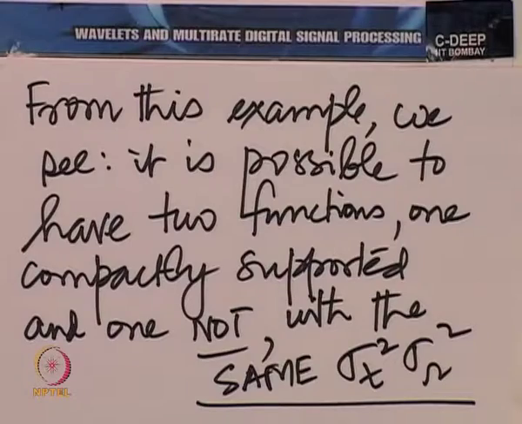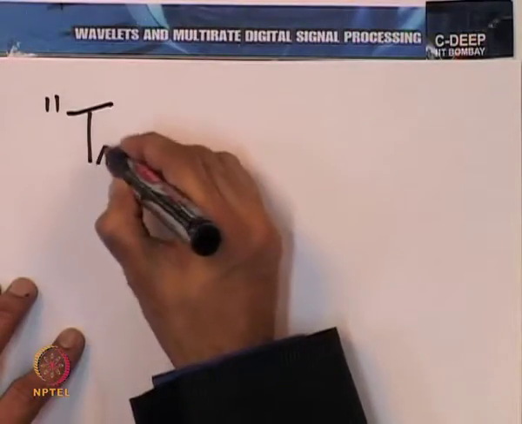Now, with this remark, we would like to take the idea of the time bandwidth product further. Now that we have identified two domains, let us put the domains together and bring out a new domain, a two variable domain. So, we shall henceforth talk of what is called a time frequency plane.